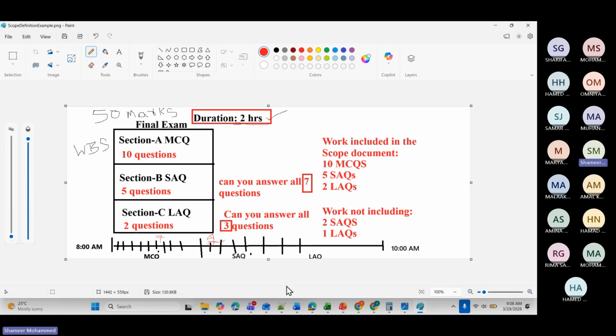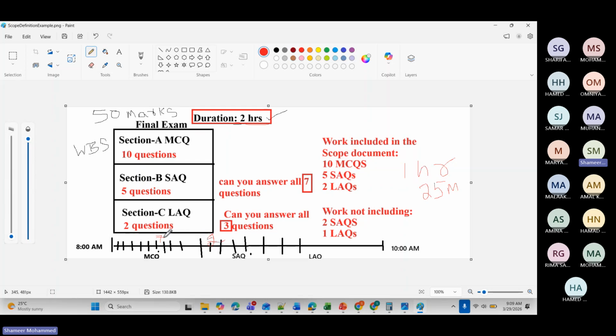Actually, in 1 hour, how much work should you complete? Half of the exam, 25 marks. You should have completed questions worth 25 marks. But how many marks of questions have you completed? 7 multiple choice is 7 marks, and 2 short answers maybe 8 marks.